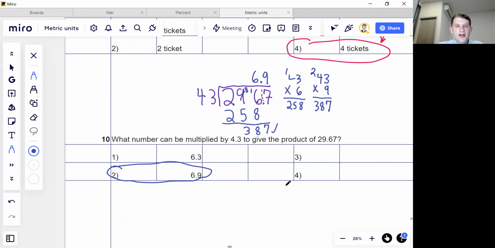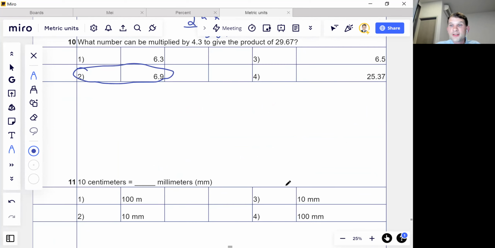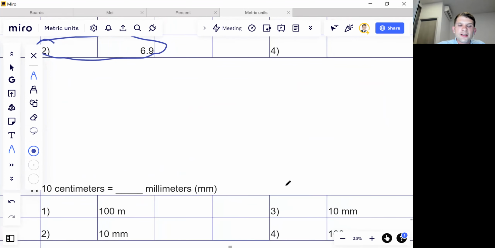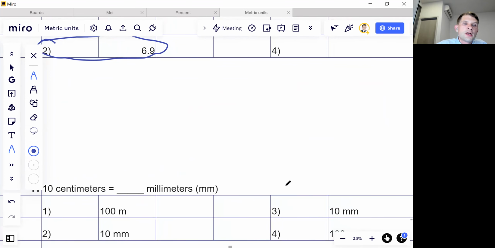Okay. All right, number 11, moving along. Looks like we are starting the conversion section of the final exam review here. So we have 10 centimeters equals how many millimeters? Before we go any further, let's look at and remember our little mnemonic here for this one.